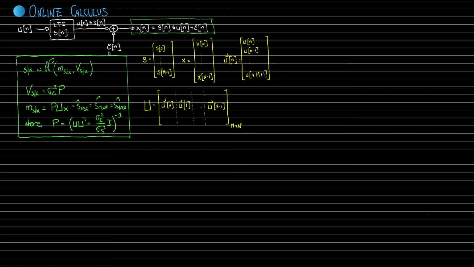So this solution has a great computational advantage, because we have an explicit formula for the filter coefficients, and this is good. There are many applications where we can be interested in estimating the filter coefficients at the same time that we are observing the signal outputs.